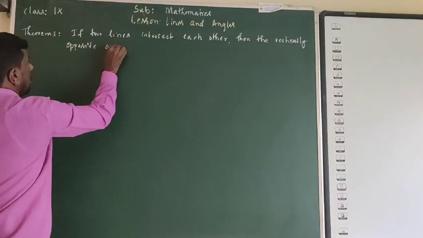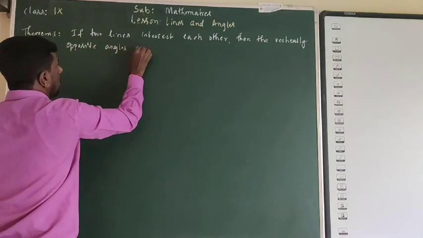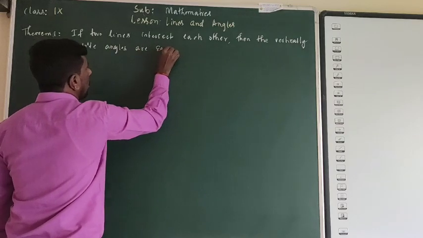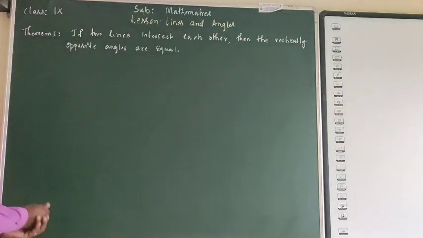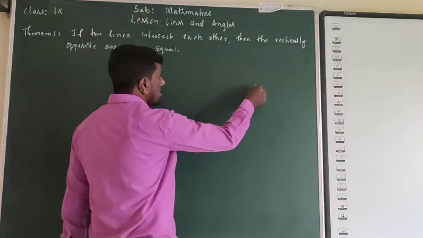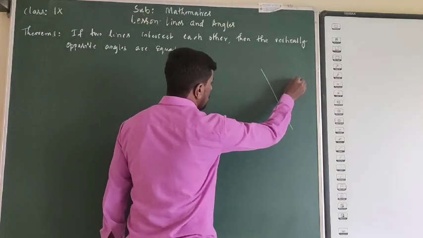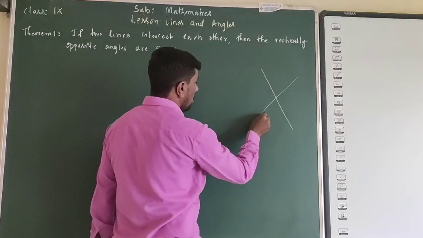This is the theorem which we need to prove. Suppose we assume that these two lines intersect each other.